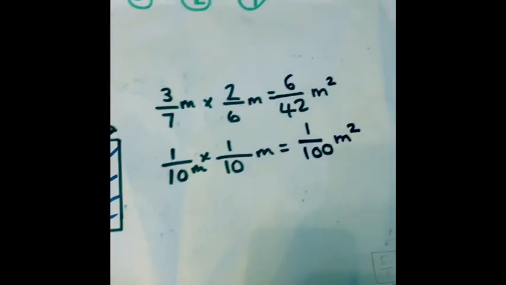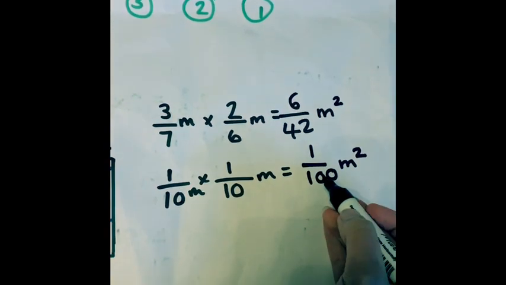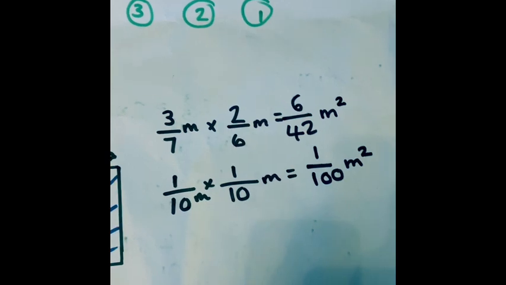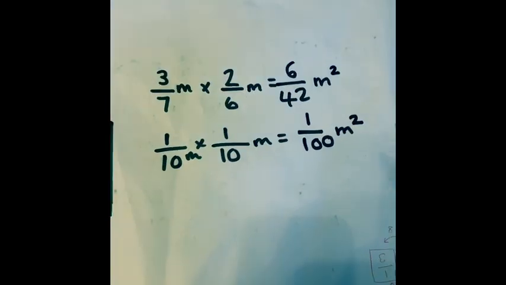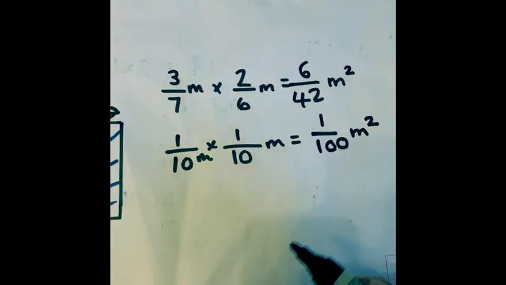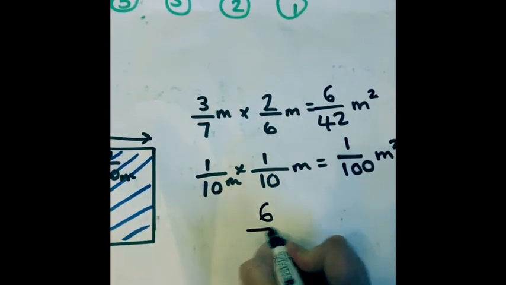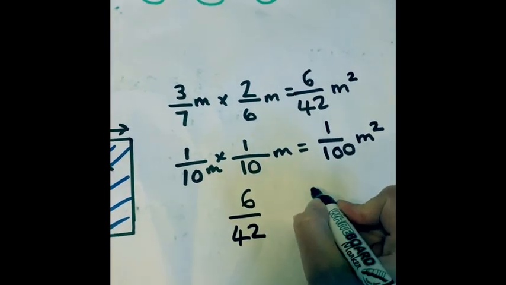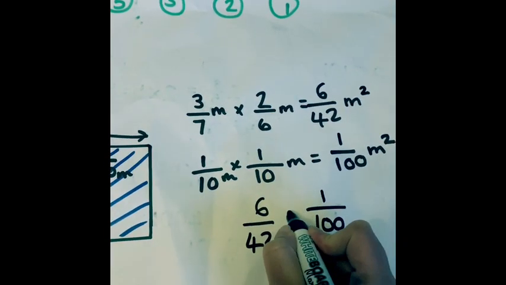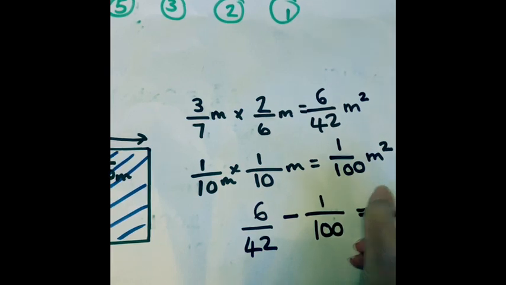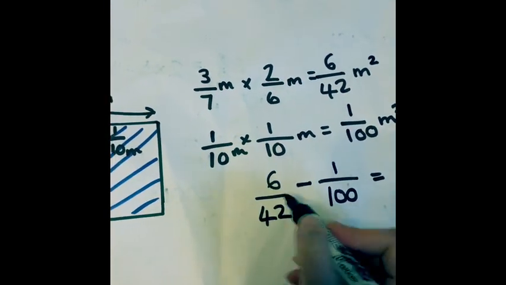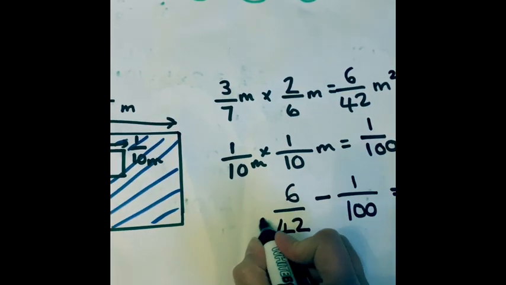Now my issue is, if I'm taking away that, I have to have the same on the bottom. I have to have the same denominators. To do that, the easiest way would be to multiply by what we've got. So if I had 6, 42, and I've got 1 and 100, and I am taking that away, the easiest way to do it would be to times this one by 100 and this one by 42.